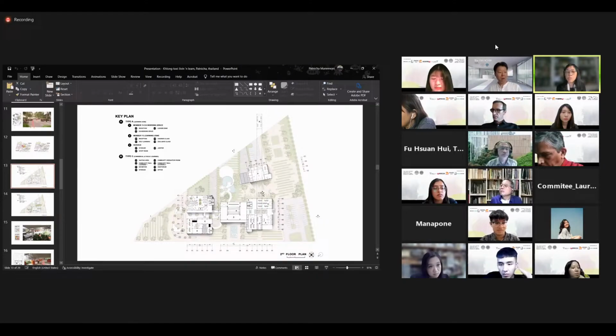But it's a little confusing to me that this part is totally a pedestrian park.